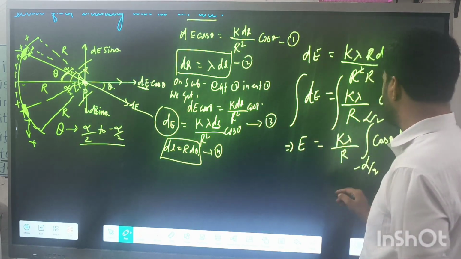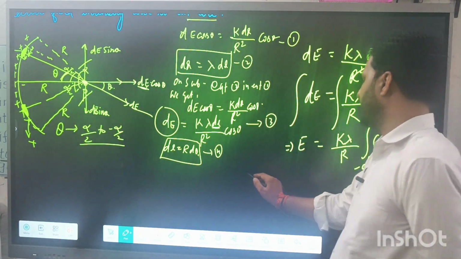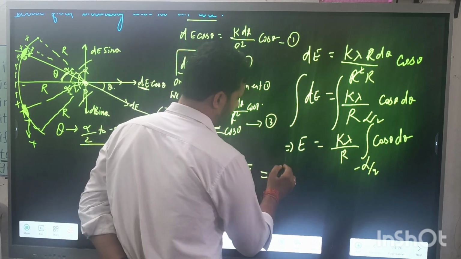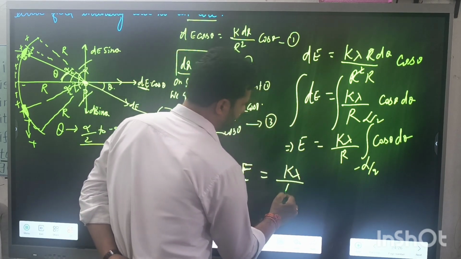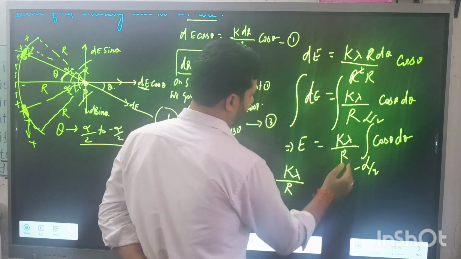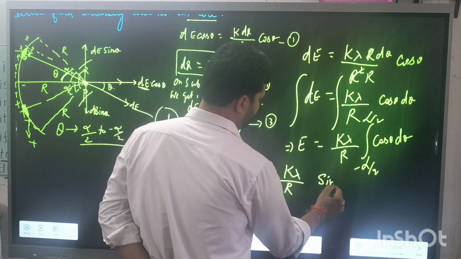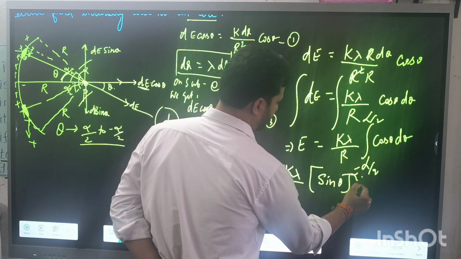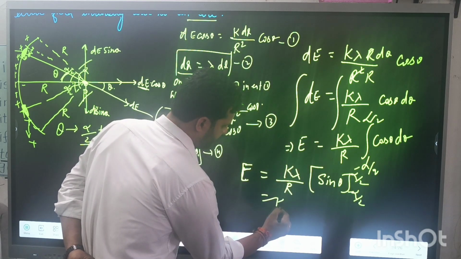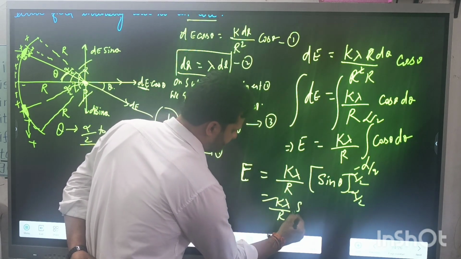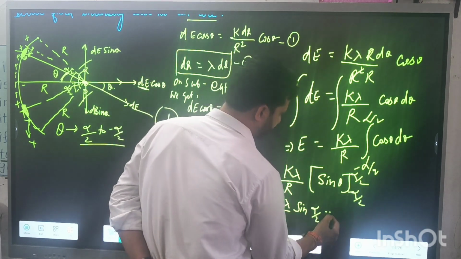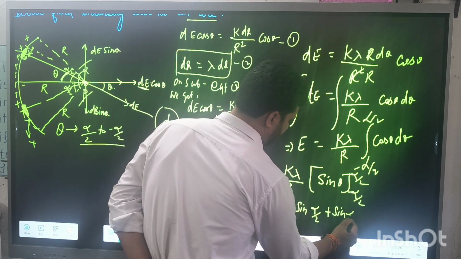So the electric field intensity becomes k lambda upon r integration of cos theta, which becomes sin theta. Substituting the limit, we get k lambda upon r times sin alpha by 2 minus minus, which becomes plus sin alpha by 2.